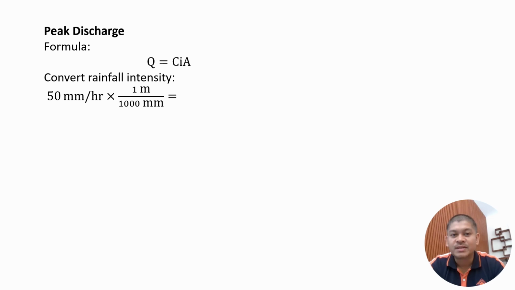But before that, we convert rainfall intensity of 50 millimeters per hour to meters per hour by multiplying by 1 meter per 1,000 millimeters. We have 0.05 meter per hour. Please check the solution.